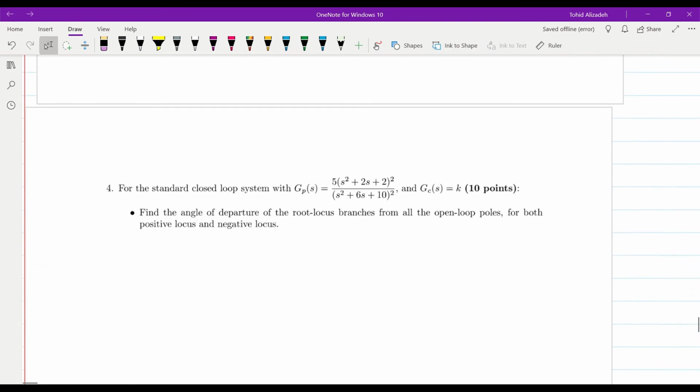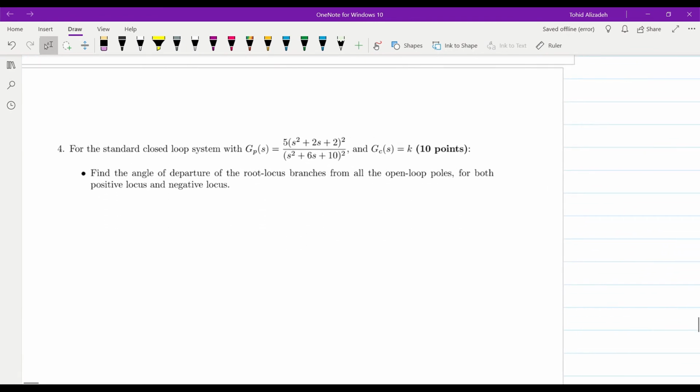The next problem, problem number 4, is regarding finding the angle of departure from the poles of the system. The system now is another one: we have (s squared plus 2s plus 2) over (s squared plus 6s plus 10). We'll have 4 zeros and 4 poles.